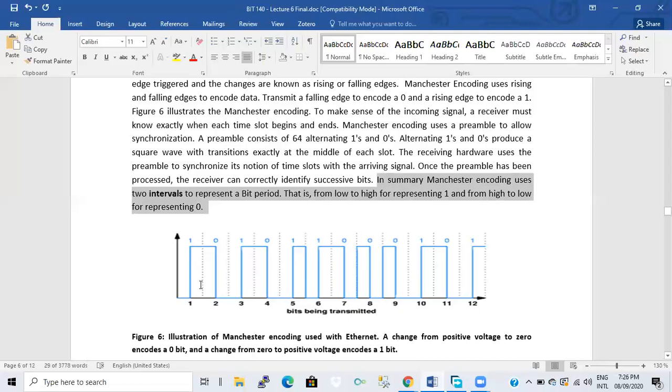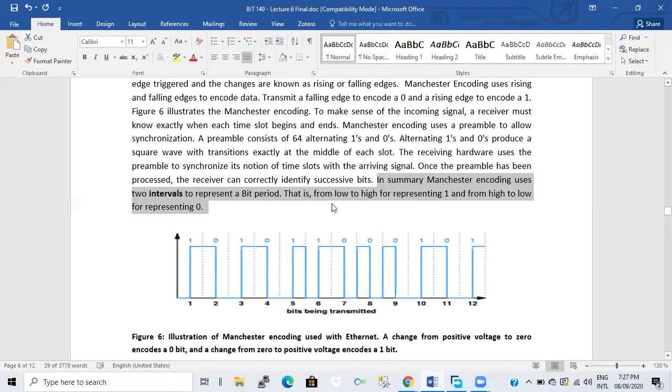This particular one here is representing 2 parts of the 1. So 1 here is representing 2 halves, 2 time intervals. So we are saying in summary, Manchester encoding uses 2 intervals to represent a bit.